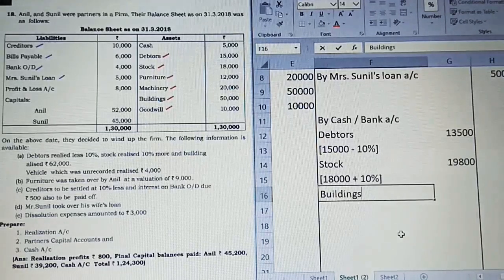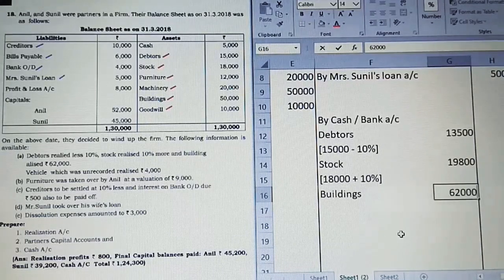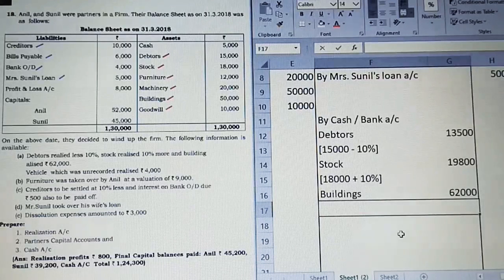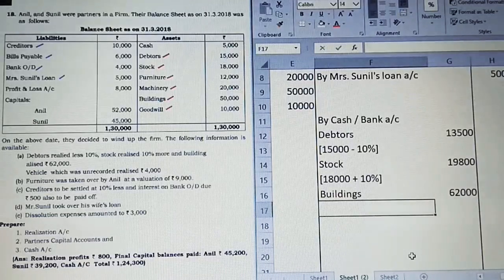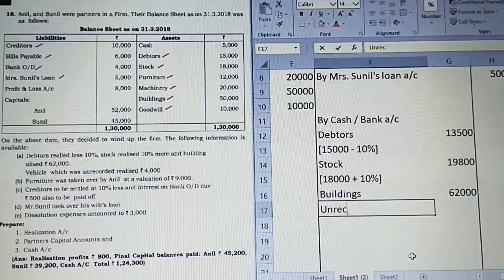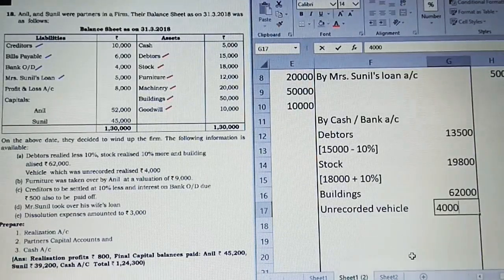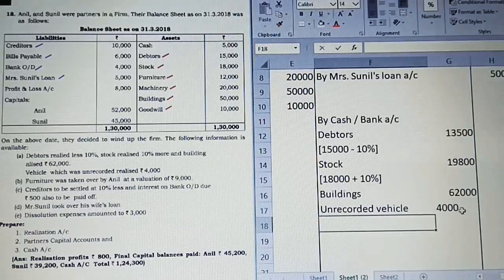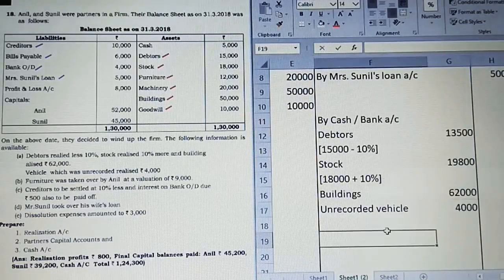Buildings is realized at 62,000. Then after buildings, what do we have? Vehicle which was unrecorded. So there is some vehicle which was not recorded, even that is realized. We have to write unrecorded vehicle. You should always mention that. So the unrecorded vehicle is realized at 4,000. So the first adjustment is completed by us.